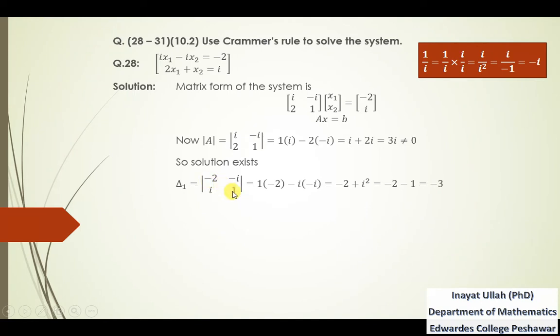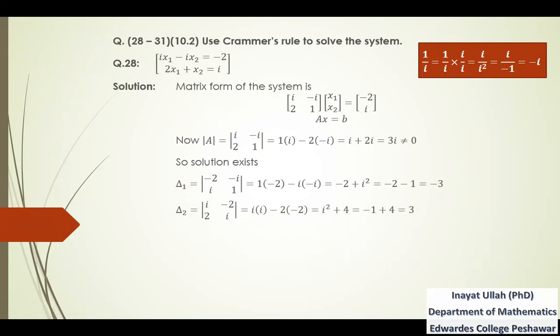Now ad minus bc: 1 into minus 2 minus iota into minus iota. 1 into minus 2 is minus 2, minus minus is plus, so that is plus iota square. Iota square is minus 1, minus 2 minus 1 is minus 3, so that is delta 1. And we need delta 2.